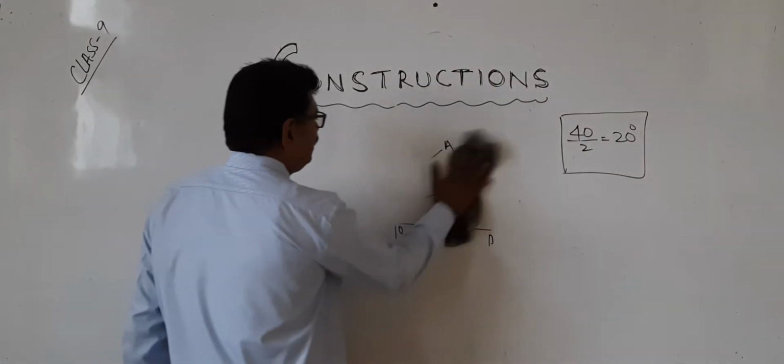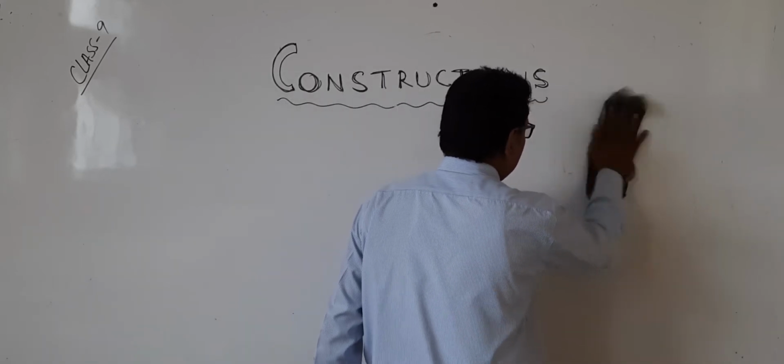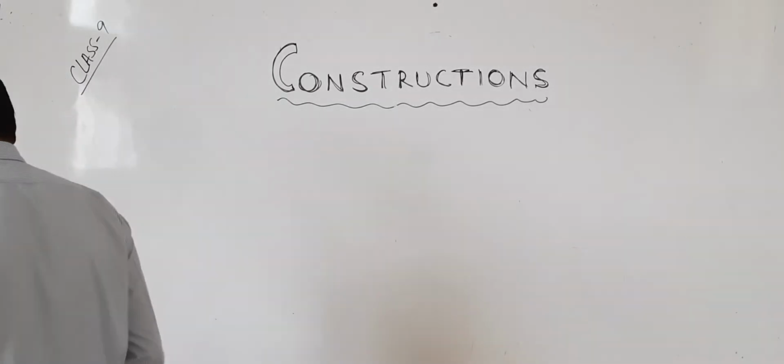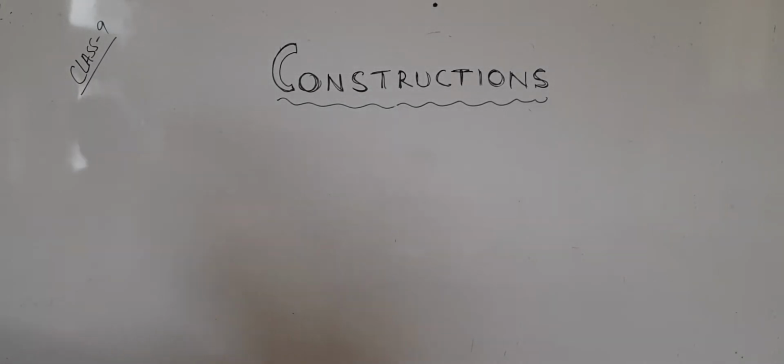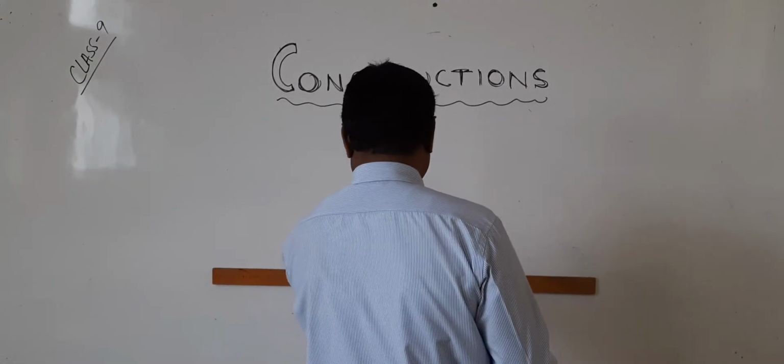Now, how is the protractor formed? That we will do now. Okay? Very, very simple. For that reason, first you draw a straight line as the base.